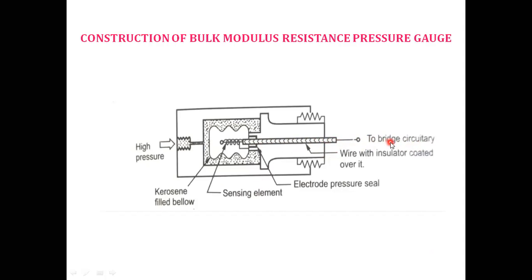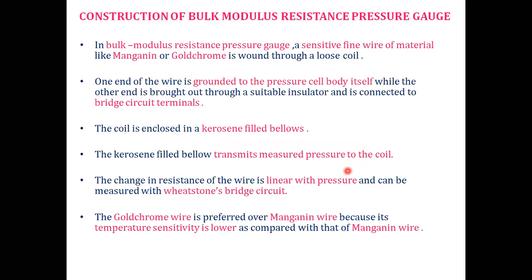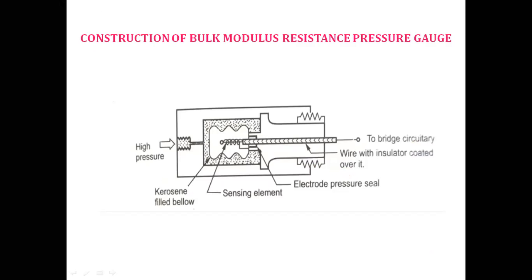Why we are giving it to the bridge circuitry: the change in the resistance can be measured using this bridge circuitry. In terms of that change in the resistance, I am going to obtain the pressure.